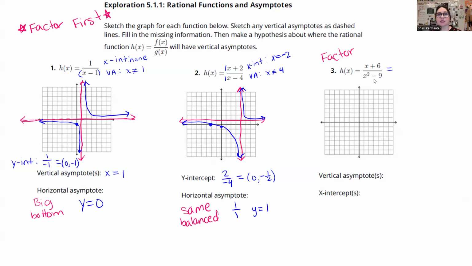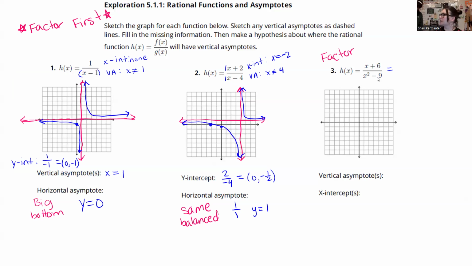To factor this, it's a difference of perfect squares. And so anybody know what this turns into? What does our denominator turn into? It turns into x plus 3, x minus 3.